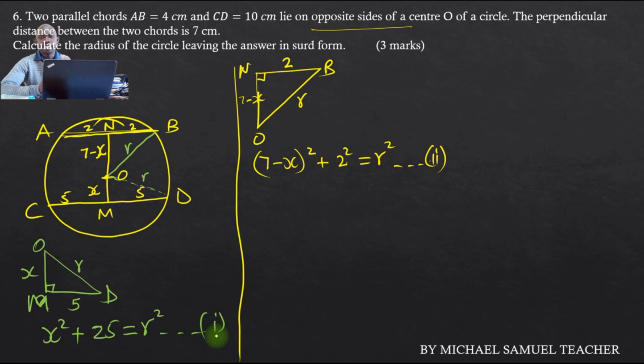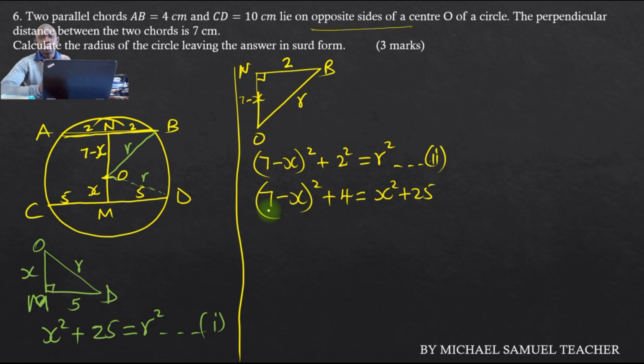Then we are going to equate equation 1 and 2. Since the right hand side is r squared, we equate the left hand side. So 7 minus x squared plus 4 is equal to x squared plus 25.